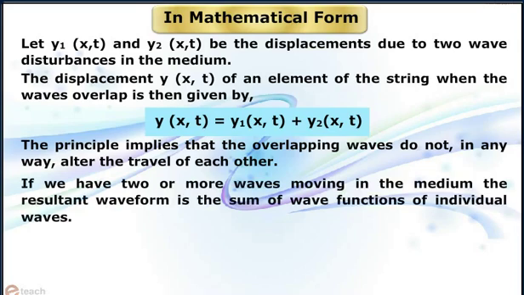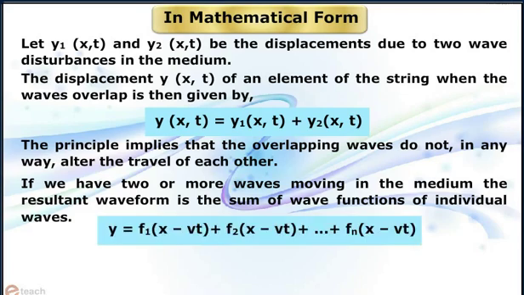If we have two or more waves moving in the medium, the resultant waveform is the sum of the wave functions of individual waves. y = f1(x - vt) + f2(x - vt) and so on up till fn(x - vt), which equals the sum over i from 1 to n of fi(x - vt).